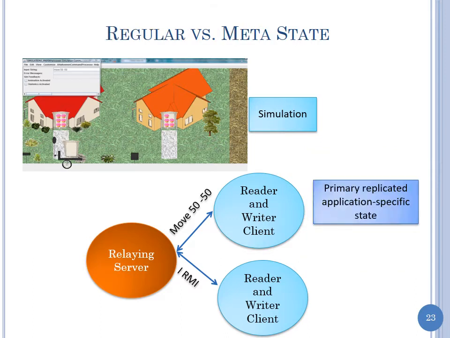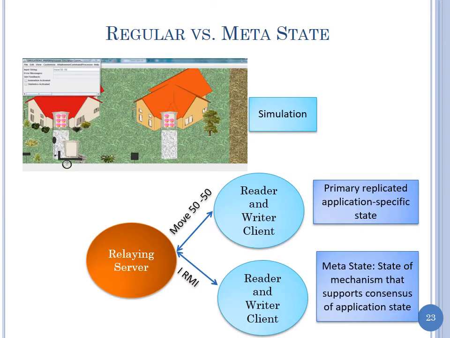There's a primary, application-specific state that we want to keep consistent. To achieve consistency, we need to create some new state in our mechanism, the replication mechanism state, which I'm going to call the meta state. In the assignment, I call that meta state the IPC mechanism.